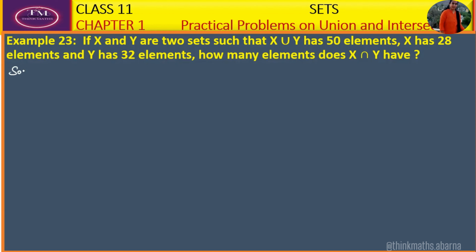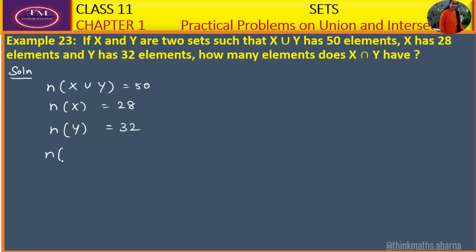So what is given? n of x union y is 50. n of x is 28, n of y is 32. What we have to find out is n of x intersection y.